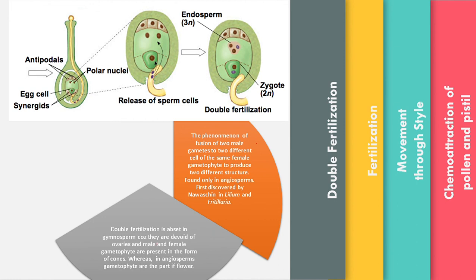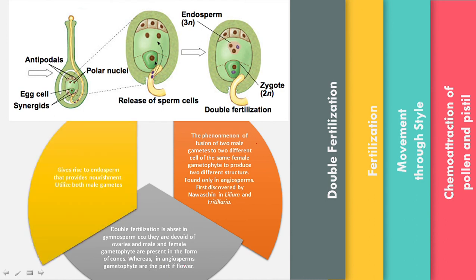Because they are devoid of ovaries and male and female gametophytes are present in the form of cones, whereas in angiosperms, gametophytes are part of the flower. So what is its significance? It will give rise to endosperm that will provide nourishment and utilize both male gametes.